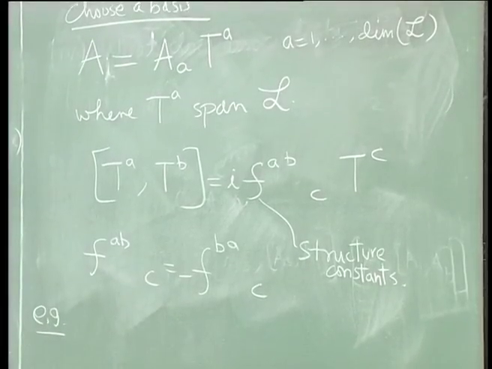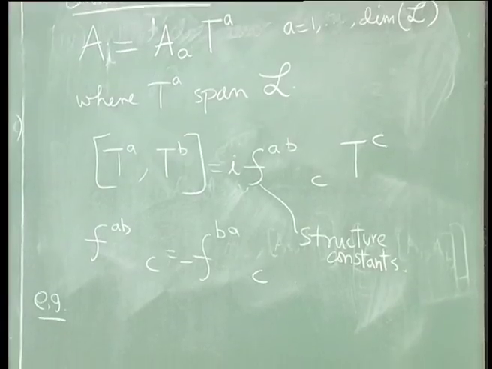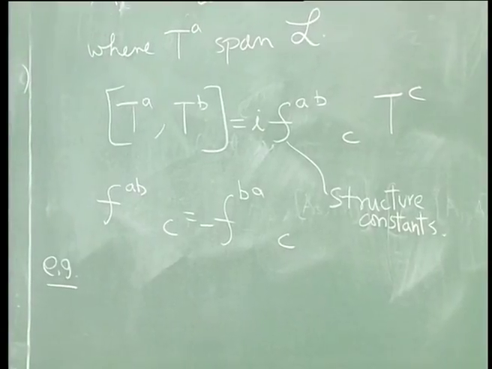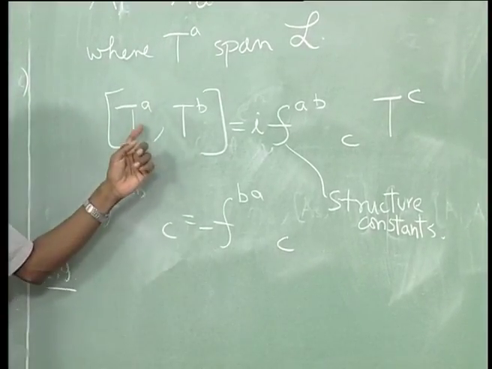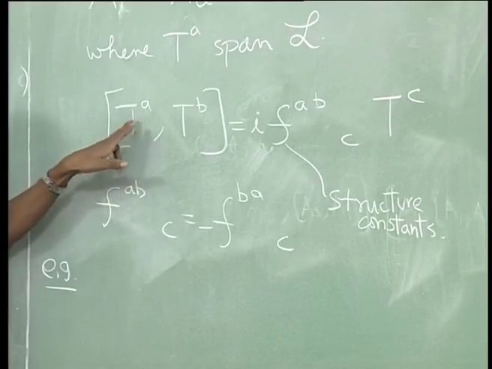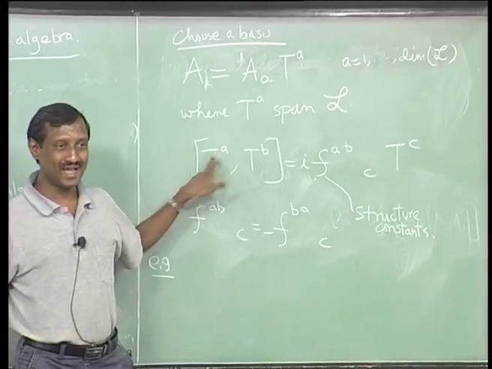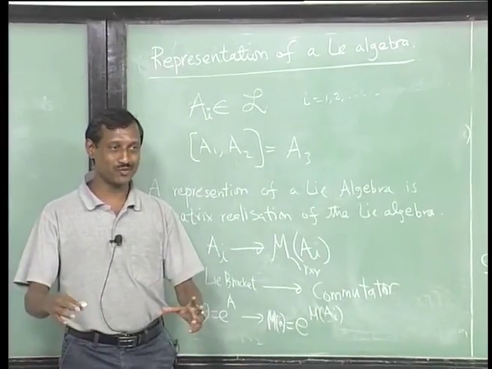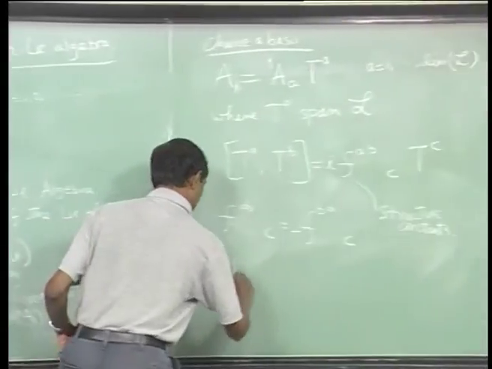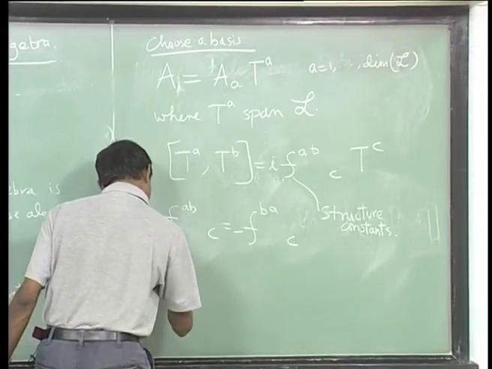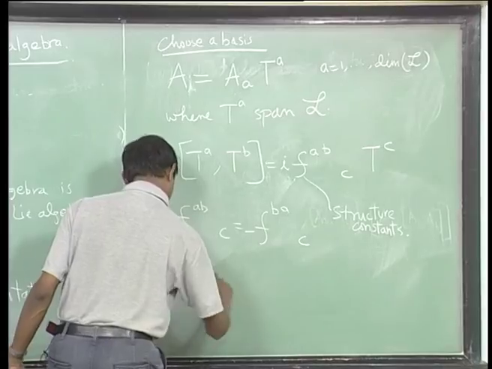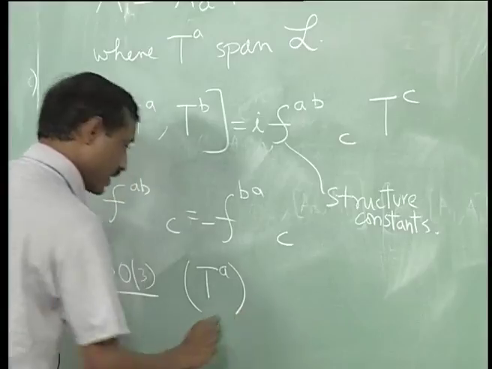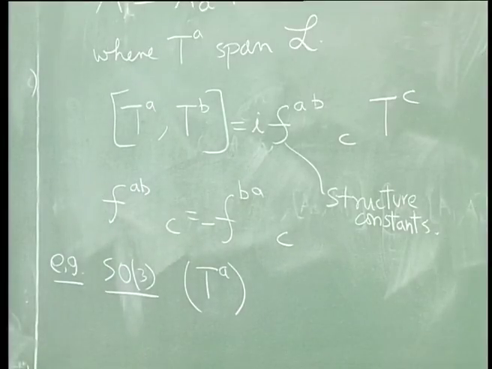It will be in terms of a representation, so I will write the TAs as matrices. I will use the same symbol T; I won't write M of A, but I will write a matrix for you. Let us take the case of SO3, and I will give you a 3-dimensional representation.